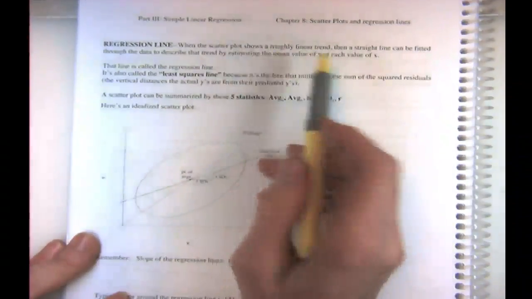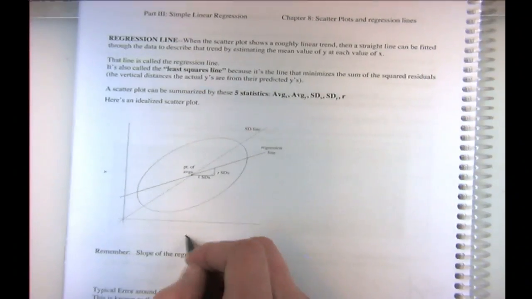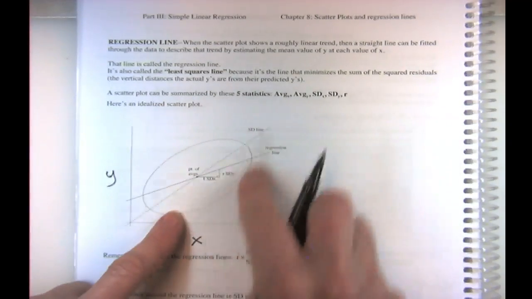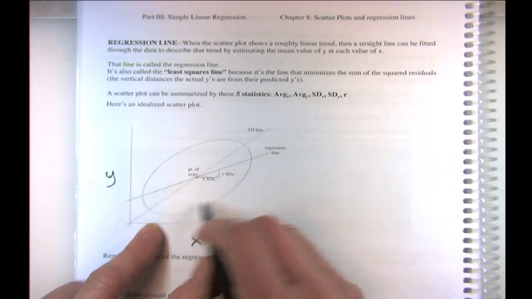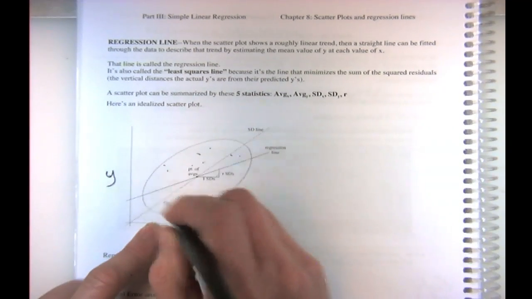All right, so there's a scatter plot, and here we have the x, and here we have y. I just drew the outline of the scatter plot here. It's a series of dots all through here, you can imagine lots of little dots.